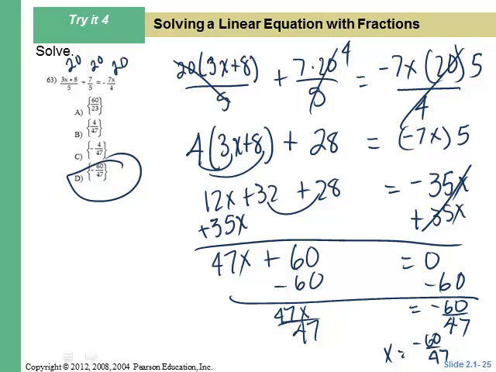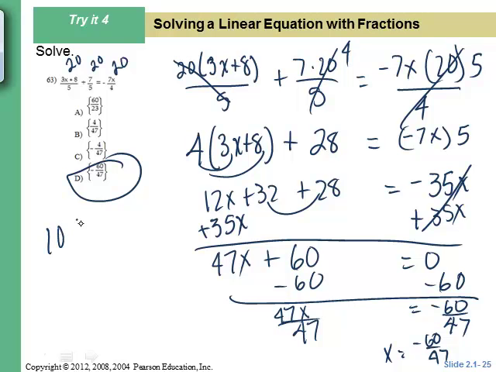Fraction. 3 times fraction negative 60 over 47, plus 8 over 5, plus fraction 7 over 5. What do we get?